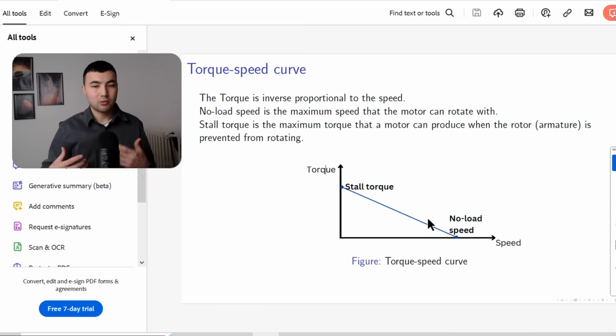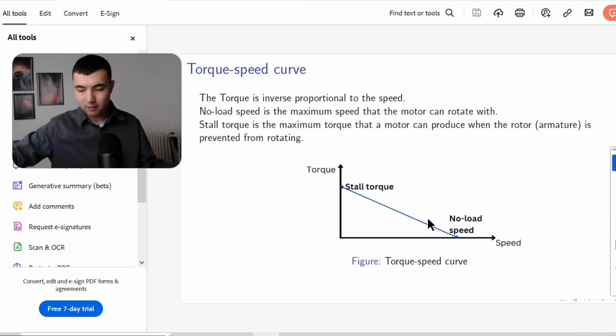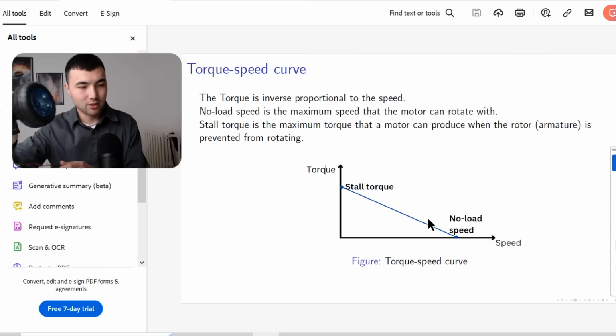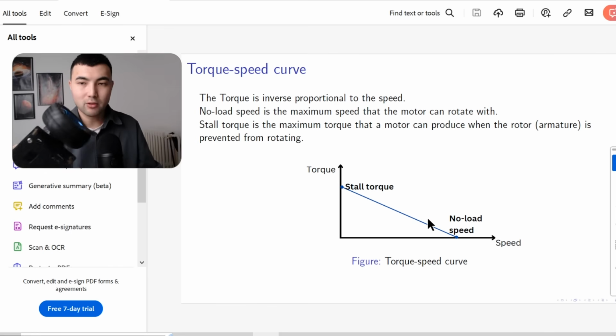Again, to explain how all this works, I have a motor, and what I do is just connect it to some battery. So it's rotating, as you see. Here I don't have any resisting torque.